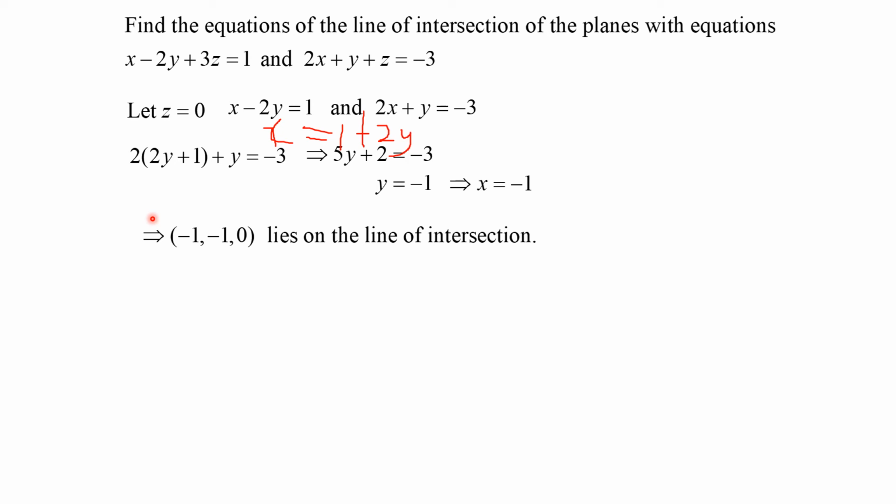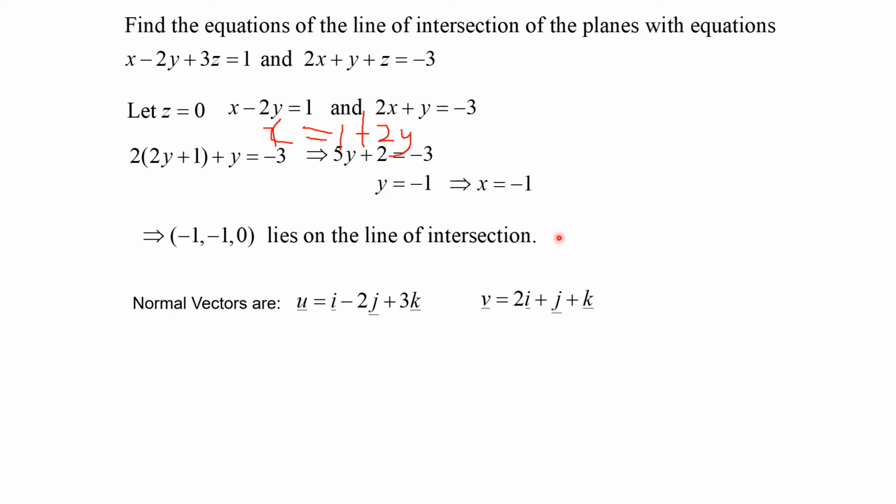Next, you need to identify the direction vector. As the theory states, the cross product of the normal vectors is the direction vector of the line. So we need to find the cross product of both vectors. The first normal vector to the plane will be 1i minus 2j plus 3k, and the second normal vector would be 2i plus j plus k.